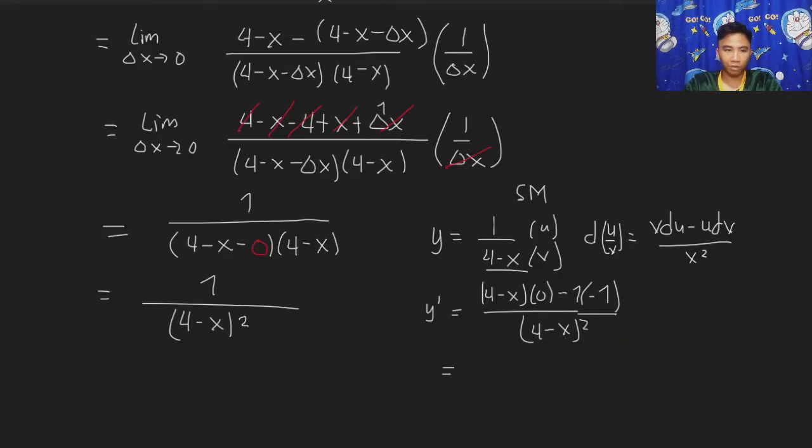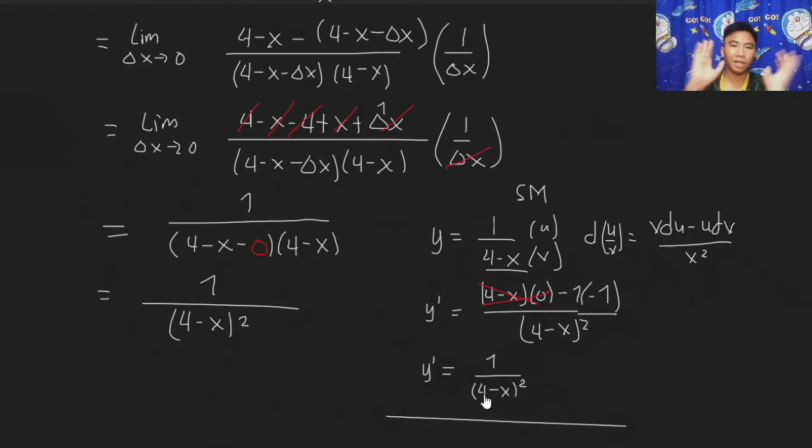So, our answer will be, this one will be cancelled. Our answer will be 1 all over 4 minus x, the quantity squared. So, that will be our answer. They are the same, so our answer is correct.